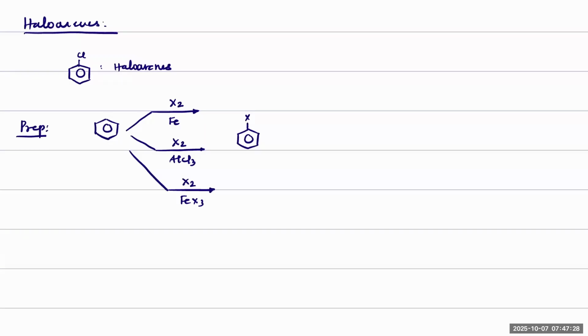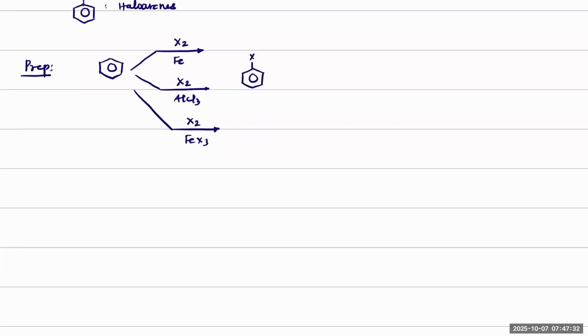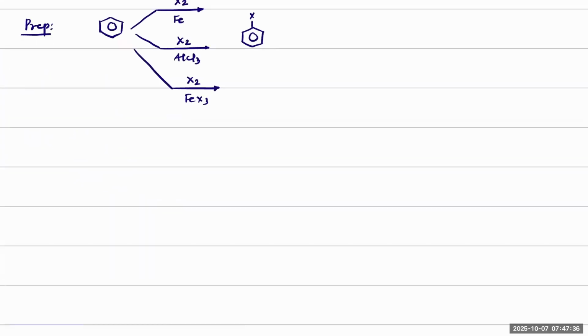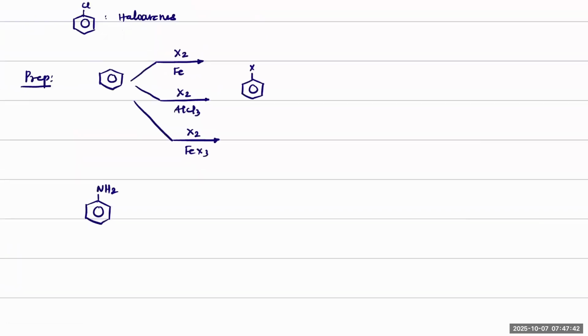And whenever it comes to other reactions, they include aniline, NH2. So this is the first set. Second one, aniline, when you treat with HNO2, it will turn out to be N2 plus, which is diazonium chloride salt.